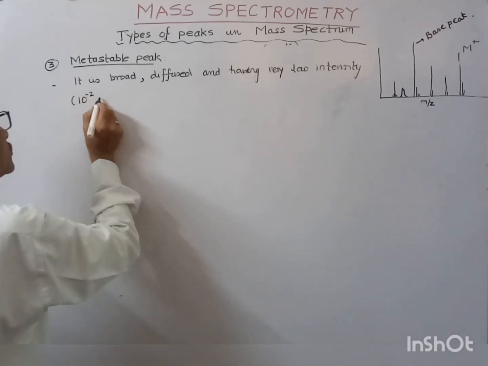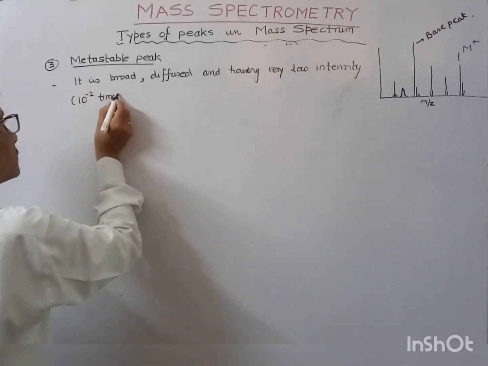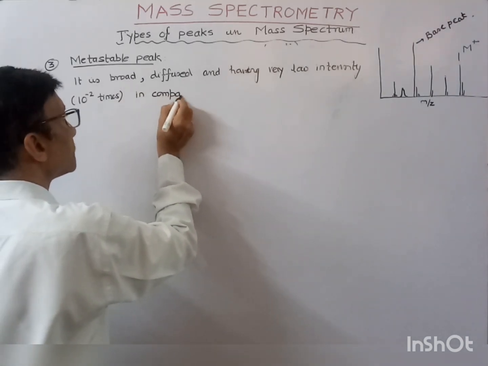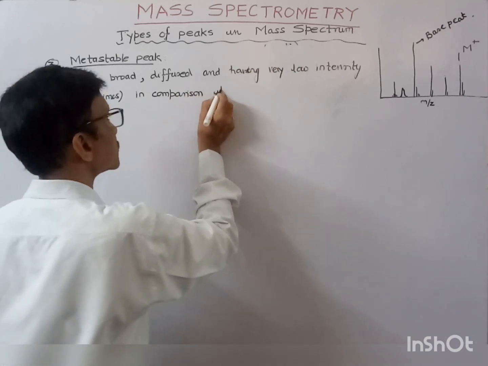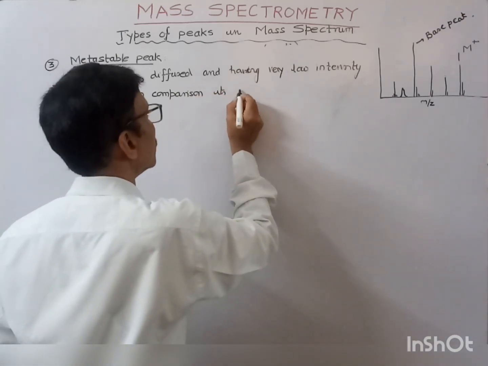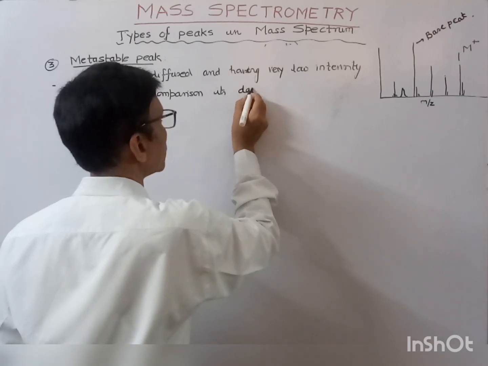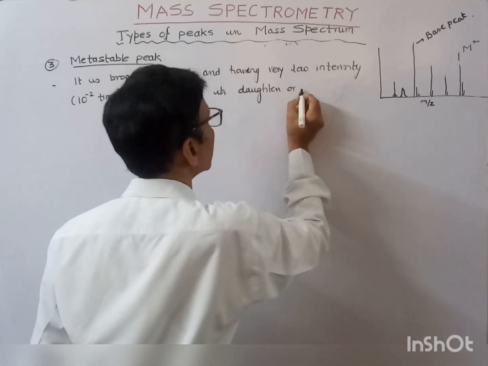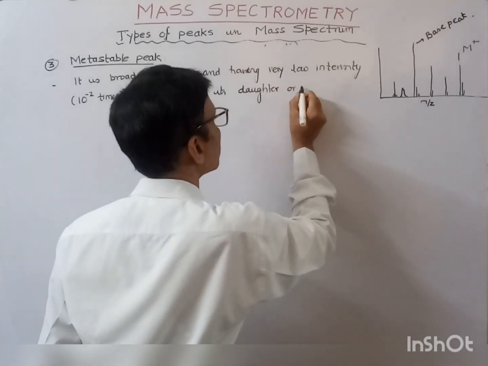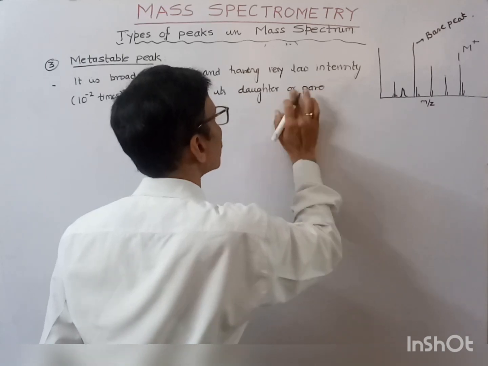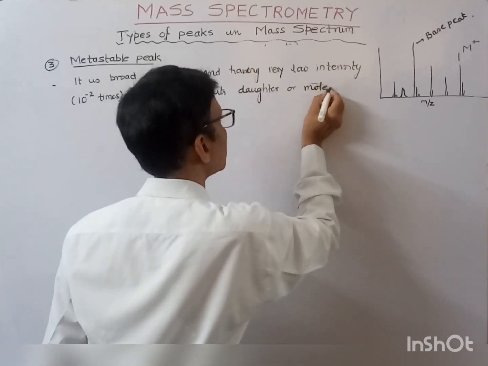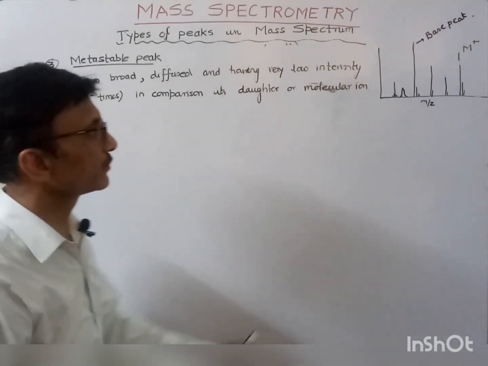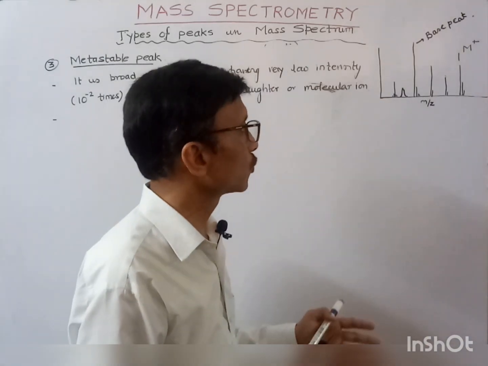About 10 to the power minus 2 times, having very low intensity in comparison to the daughter ion, or we can say the parent ion, or the molecular ion, suppose. So this is the base peak, which is quite diffused and quite broad in nature.